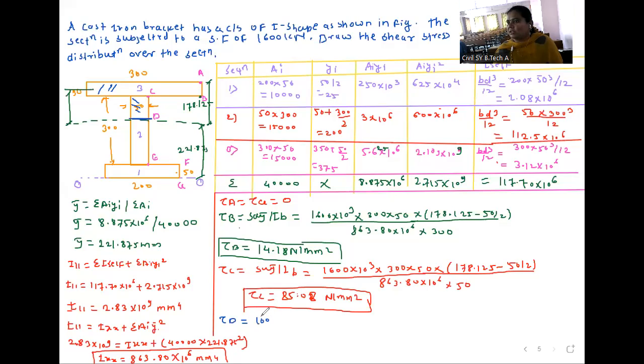So 1600 into 10 raised to 3 into, here two strips will be there. The first one is 300 into 50 into 178.125 minus 50 by 2, plus, now for the second one, width is 50 but what is the depth?